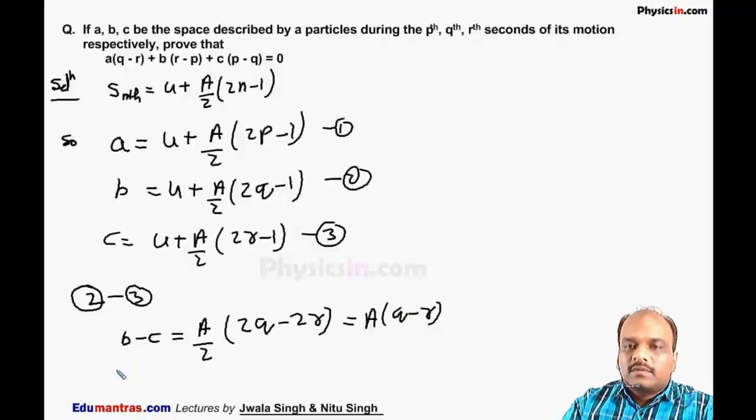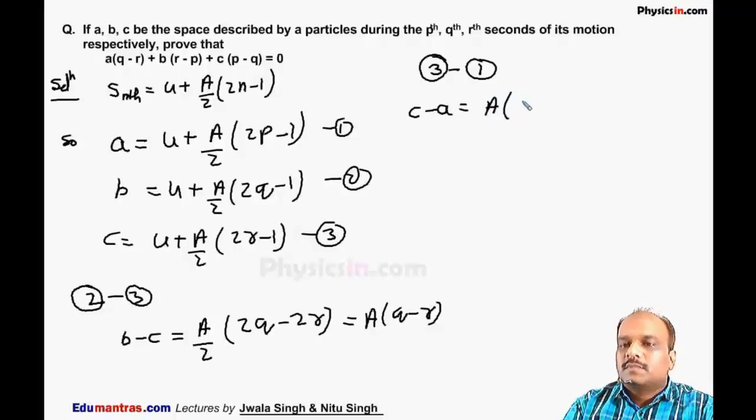In the same way, if I subtract the first from the third, we get C minus A is equal to a into r minus p.